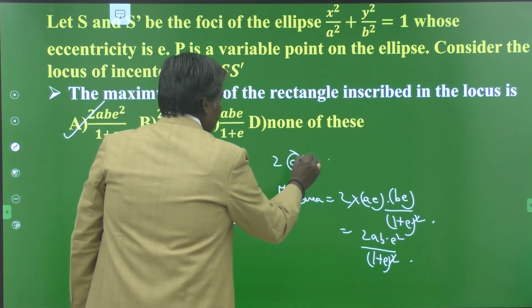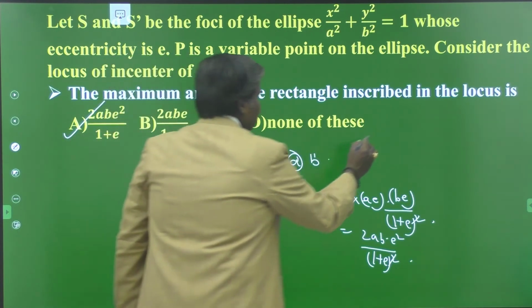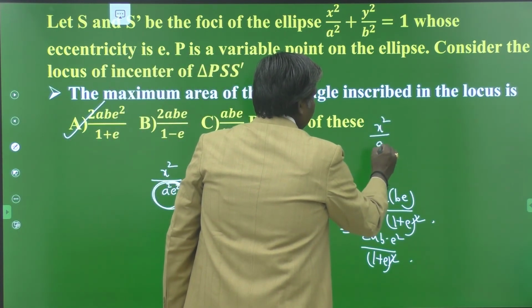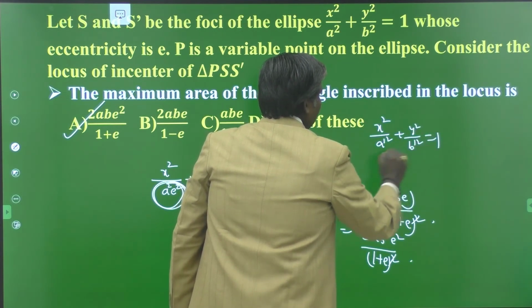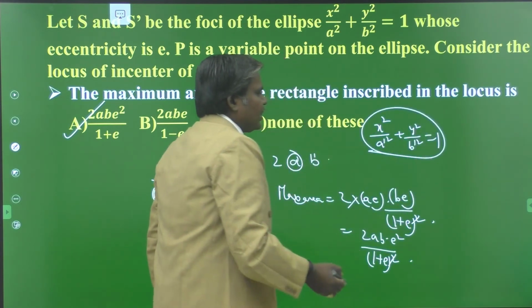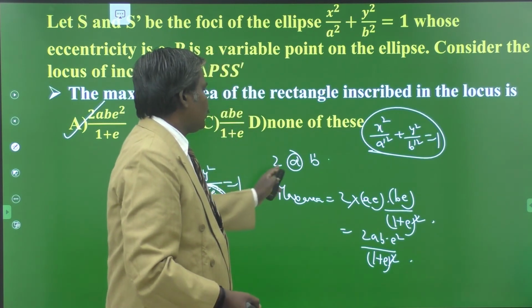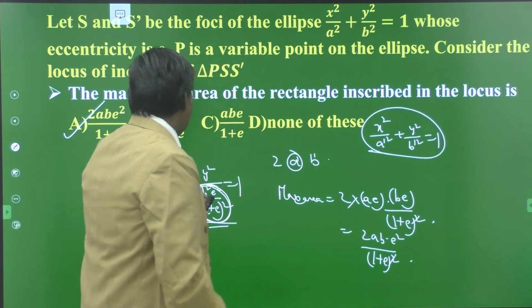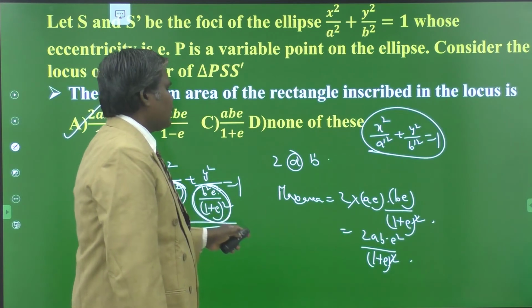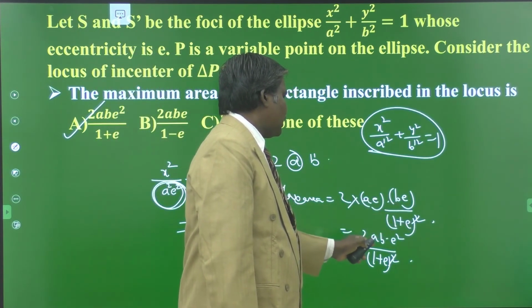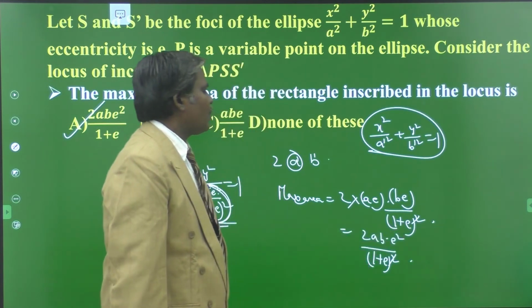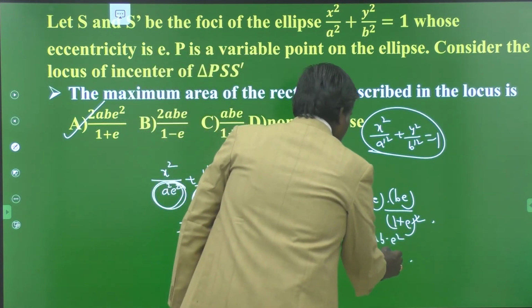If you have any confusion, you write A dash, B dash for x square by A dash square plus y square by B dash square equal to 1. Maximum area of the rectangle that can be inscribed in that ellipse is 2A dash B dash. What is B dash? BE by 1 plus e. So BE by 1 plus e, that is 2 into AE, 2AB e square by 1 plus e. No square is there.